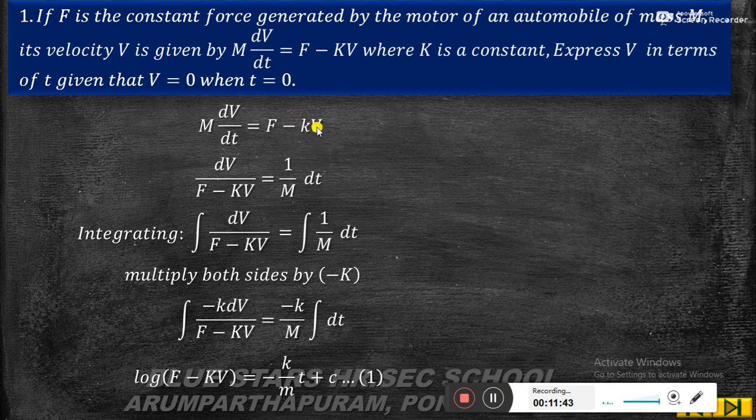This F - kv I write in the denominator. So dv/(F - kv) = (1/m) dt.